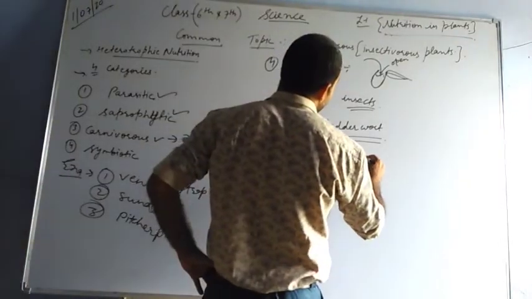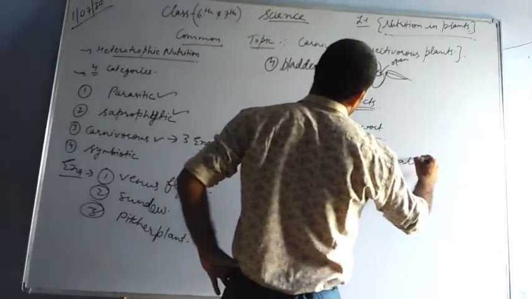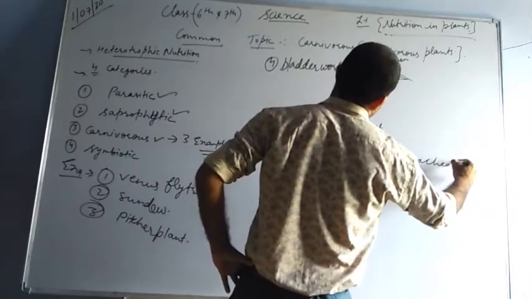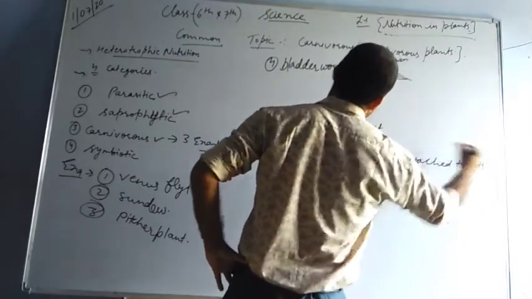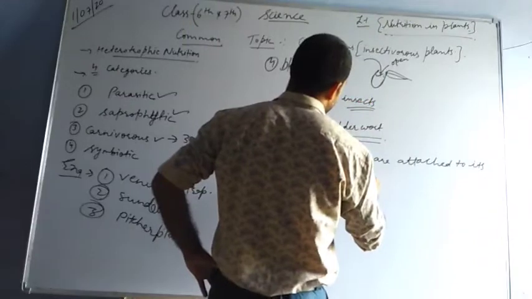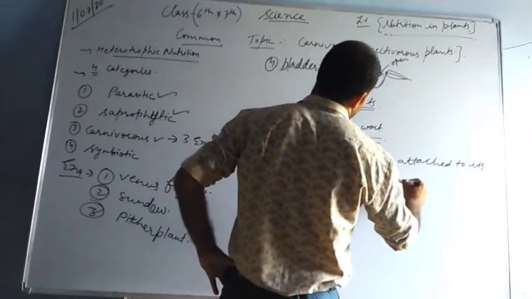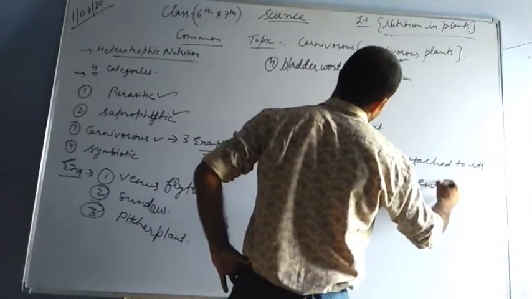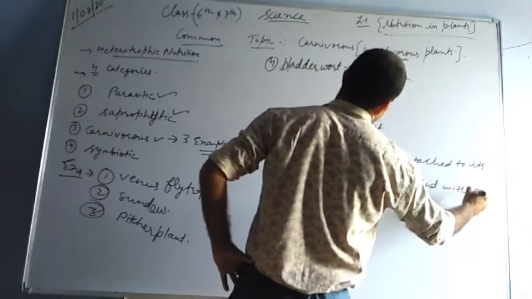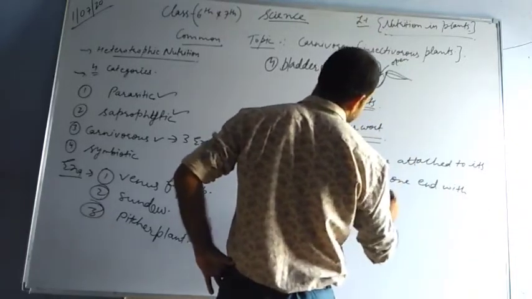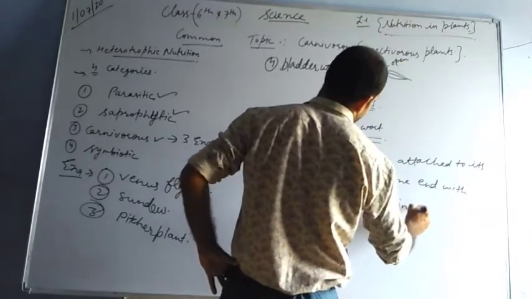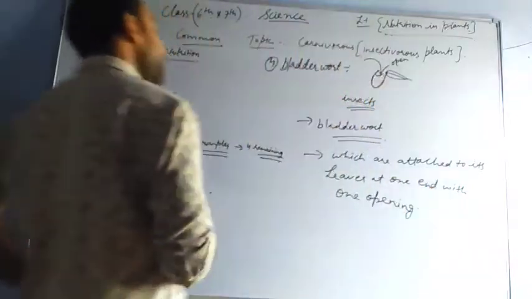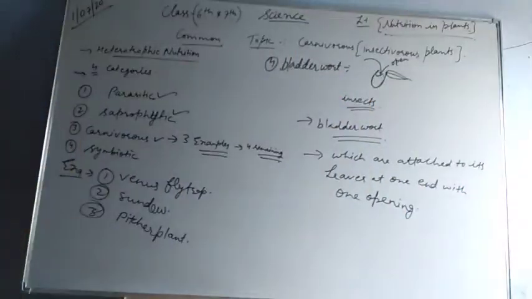So bladderwort is a plant with bladders attached to its leaves at one end, with one opening. This is the definition you can use for bladderwort, and a flap of tissue forms the door.